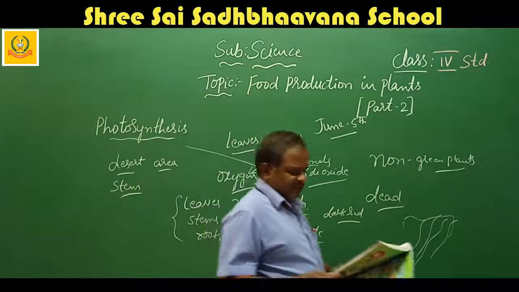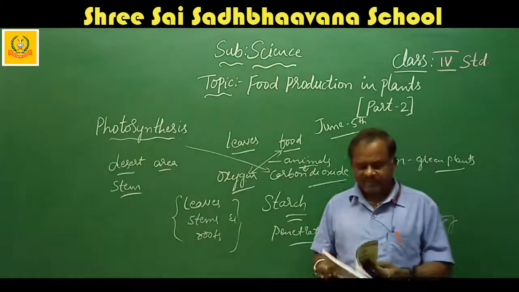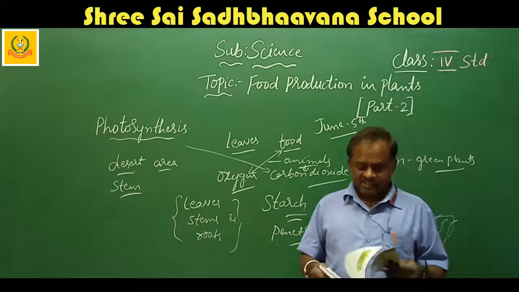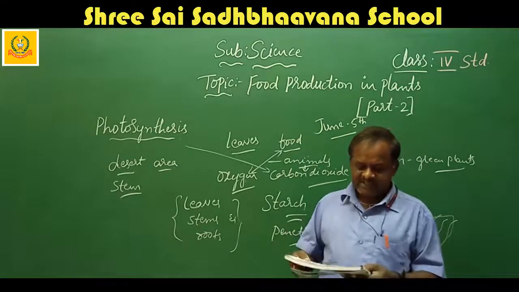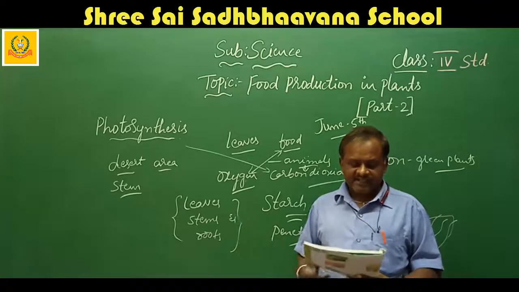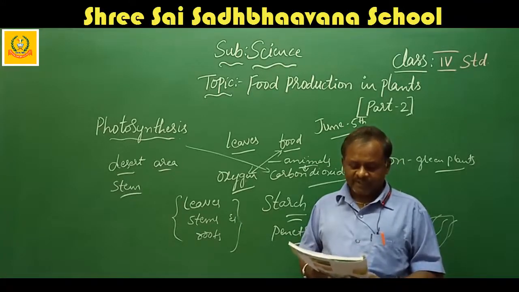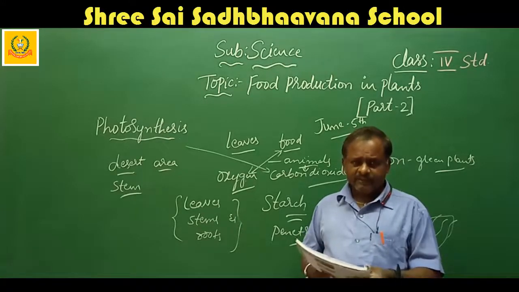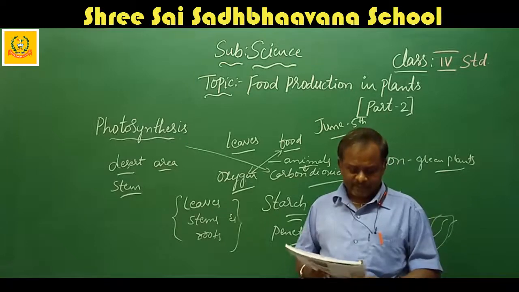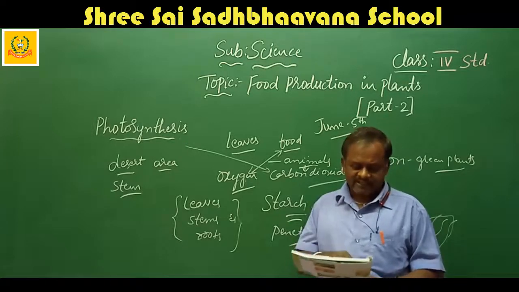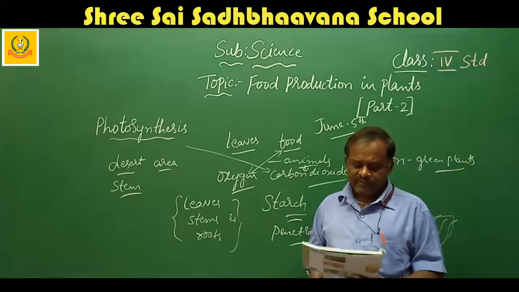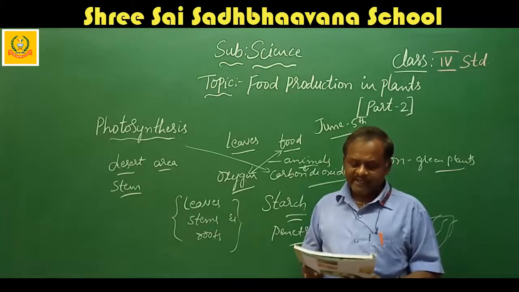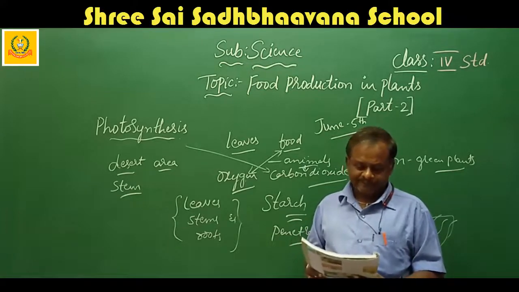Okay. Here they have given the last part, to summarize what we have learnt in the chapter. See the points, 6 points are given in this. Let us summarize. I will read one by one. Just look at the textbook. Let us summarize. Photosynthesis is a process by which green plants make their own food.